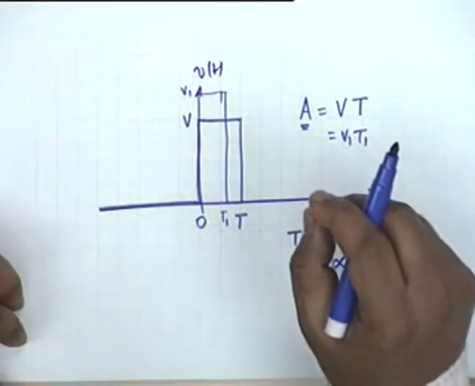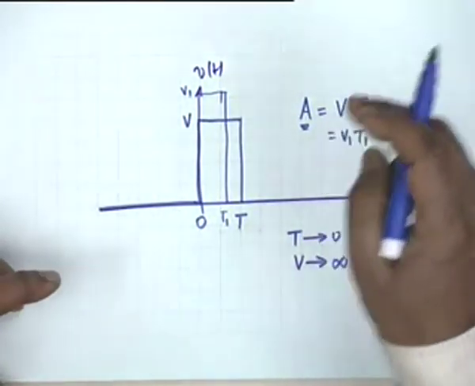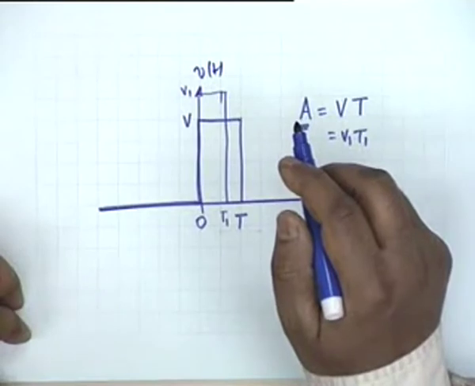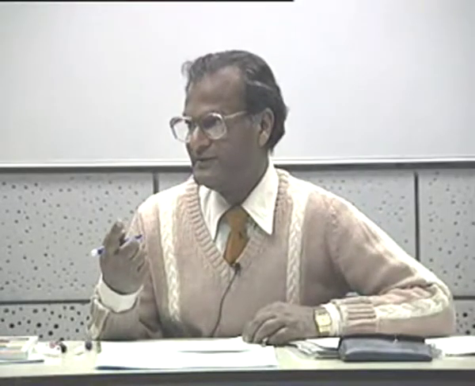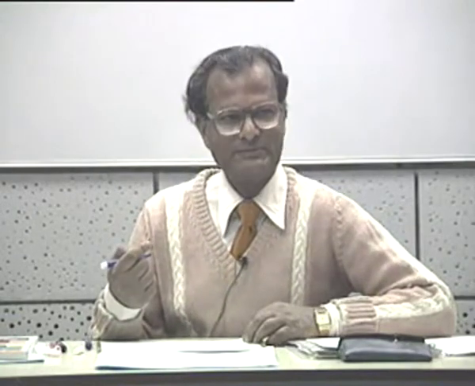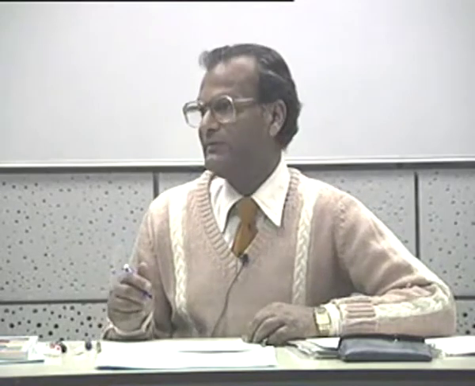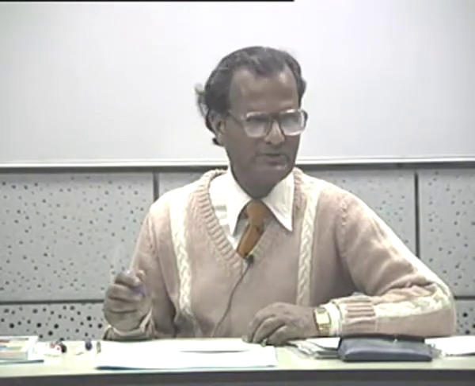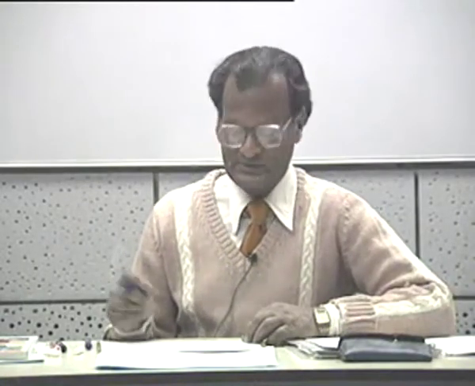This limiting case cannot be generated in the laboratory. You cannot generate an infinite voltage, and you cannot generate a voltage which stays only for 0 amount of time. But nevertheless it is a physical concept which is extremely useful in the analysis of signals and systems.